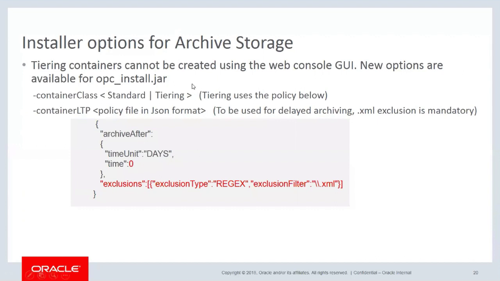A tiering container can be created using REST APIs, or using these new options on the installer module. So when you run the OPC install Java installer, you specify, as usual, all the other options like the endpoint, username, password, and wallet location.